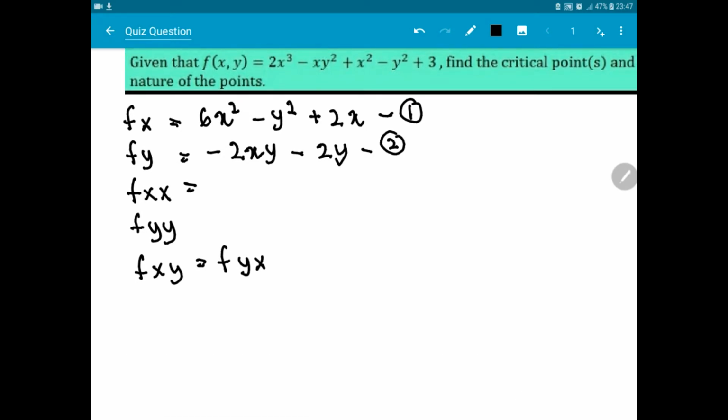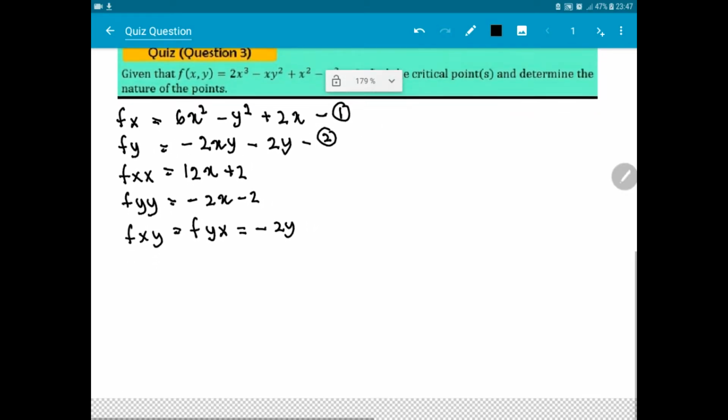So fxx, the second partial derivative, is 12x plus 2. fyy is negative 2x minus 2, and fyx or fxy is negative 2y.